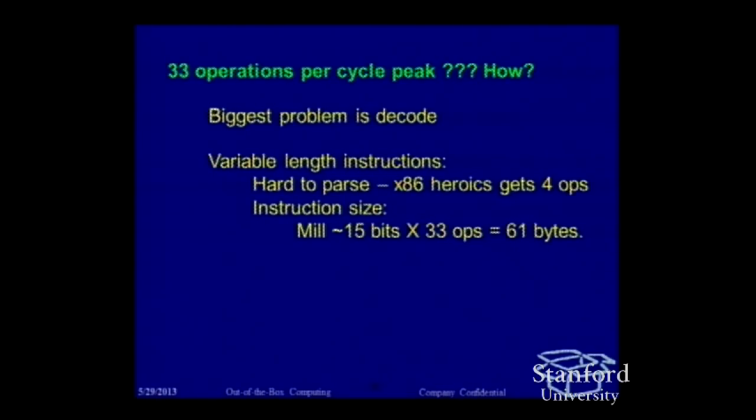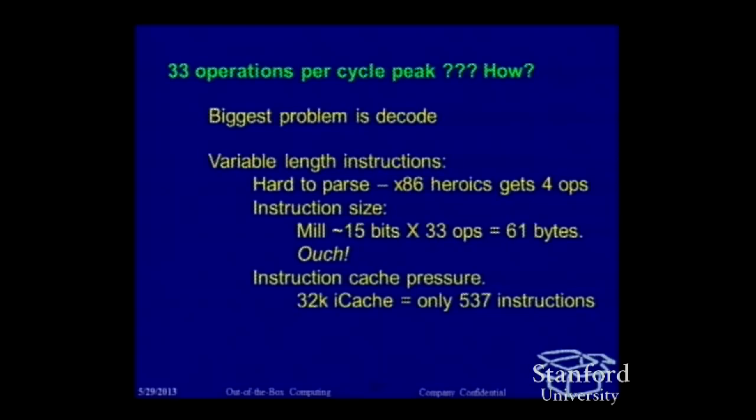And that times 33 ops, well, we're still around a whole cache line per cycle, and we really don't want to do that. So that's a little painful too. And on the instruction cache pressure, well, we've doubled the available number of instructions in the cache, but we're still nowhere near 1,000 instructions.